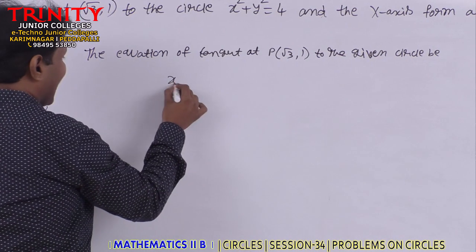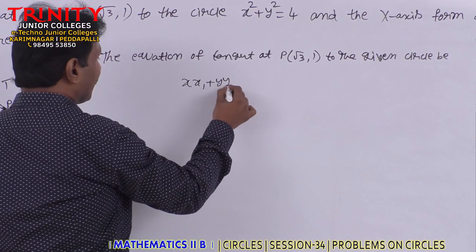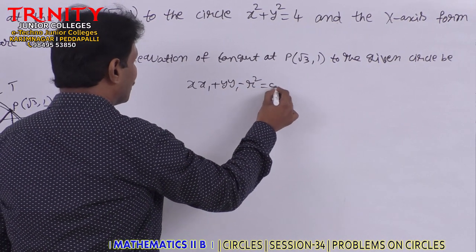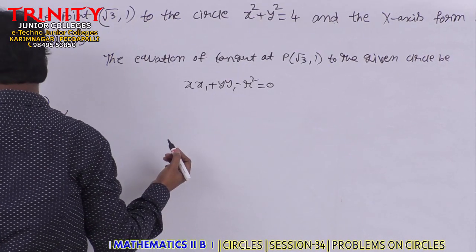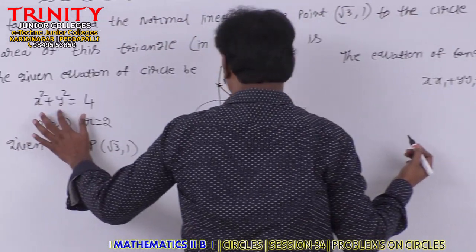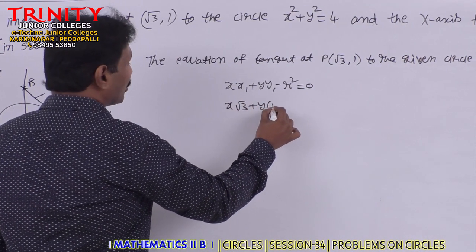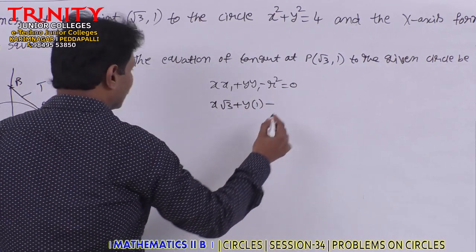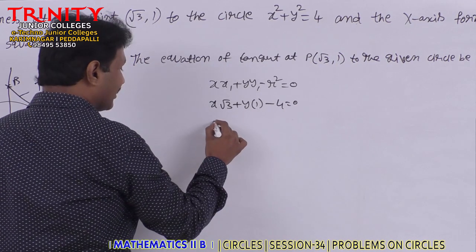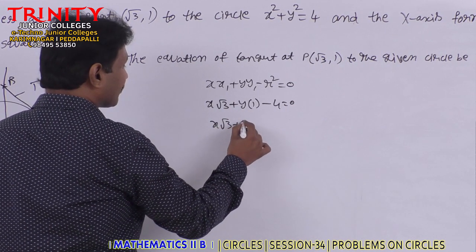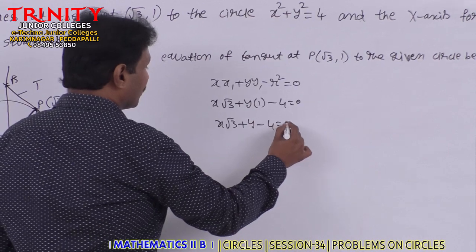The formula is x x1 plus y y1 minus r square equal to 0. It is the smallest circle, that means having the origin as the center. That means x into root 3 plus y into 1 minus r square, which is 4, equal to 0. The tangent is x root 3 plus y minus 4 equal to 0.